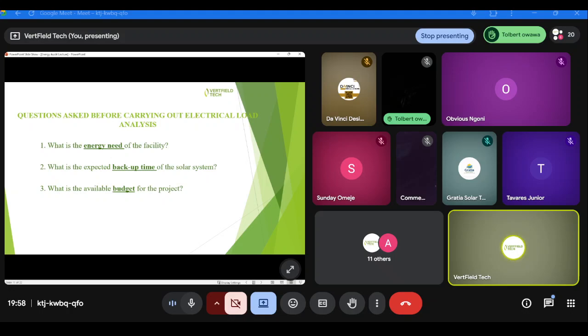However, the sun does not stay up all day. So when the sun is not up, you might have need for electricity in your facility. And when that need arises and there is no power, what do you do?